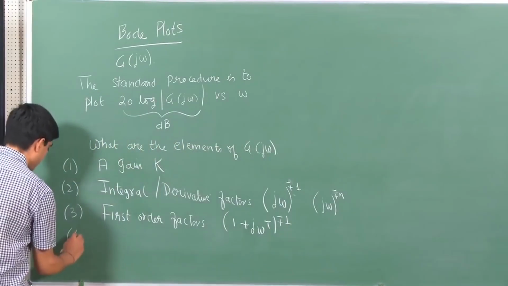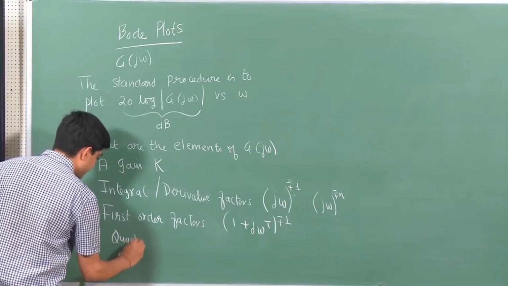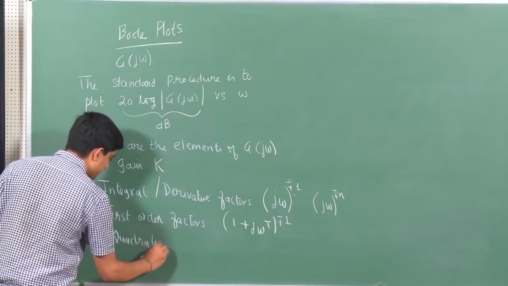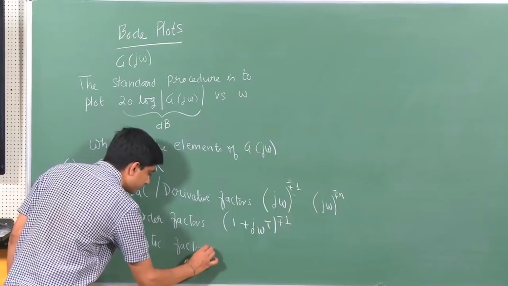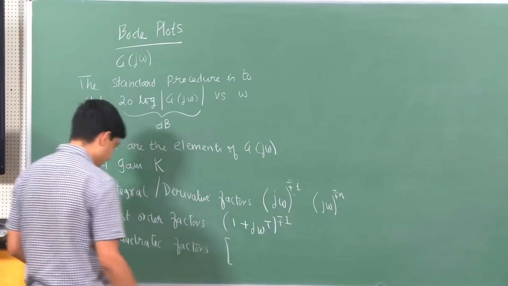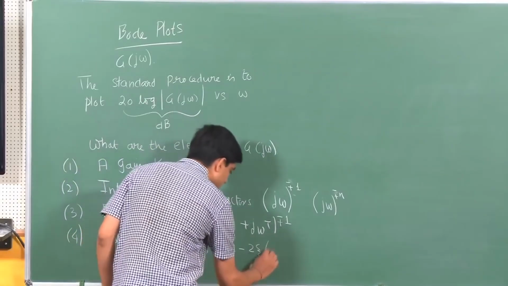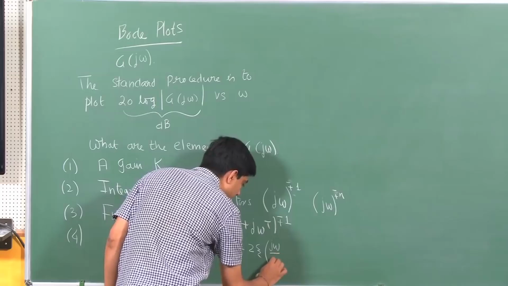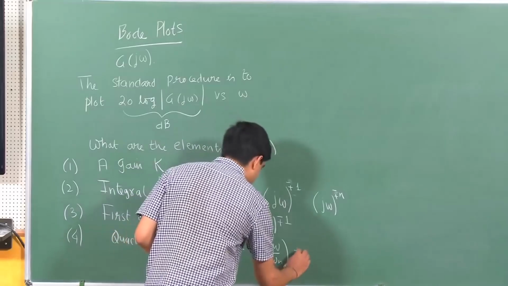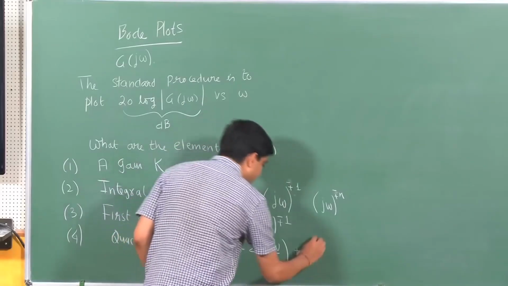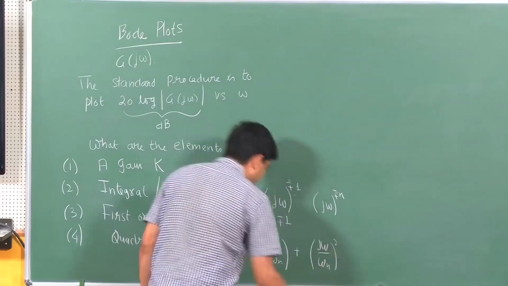Okay, and then lastly I will have quadratic factors, and this quadratic factor represents complex poles. How would they look? Let's pick 1 minus, twice zeta, j omega over omega n, plus, this will also be a plus, j omega over omega n, squared.